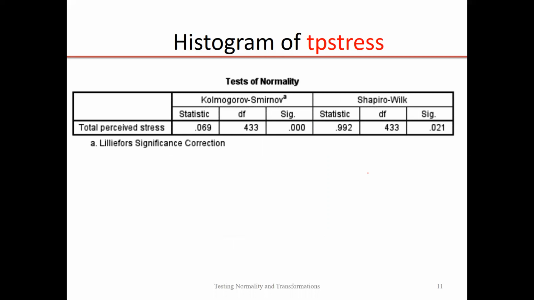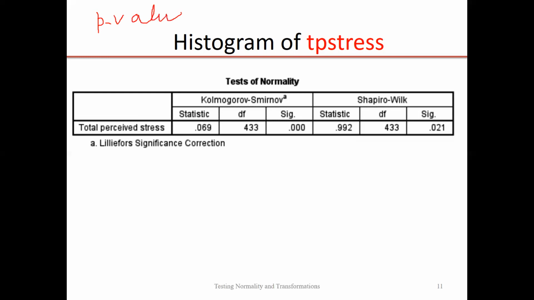I am interested only in one figure, known as the sig value, also known as the p-value in statistics. The p-value is one of the important concepts in inferential statistics. So what is the p-value in SPSS?